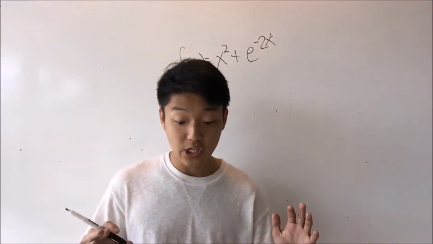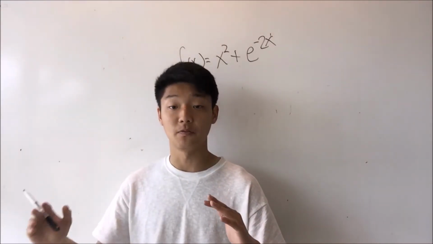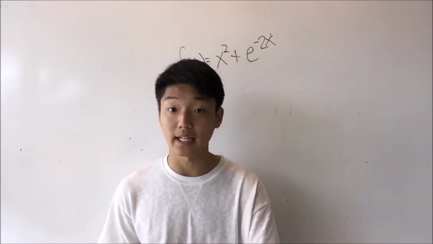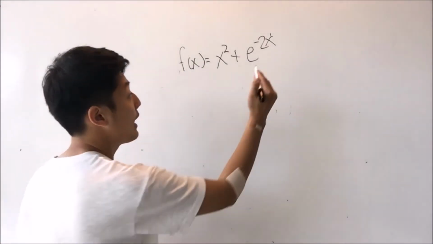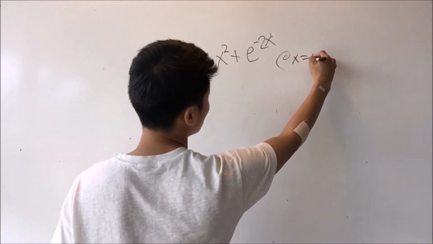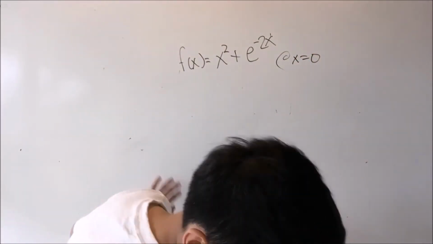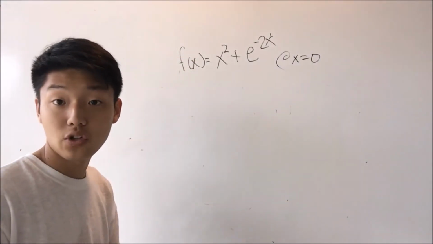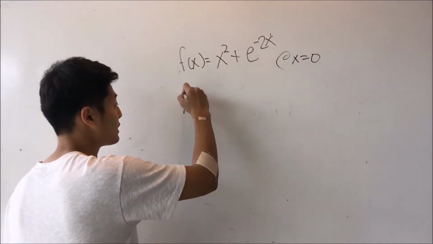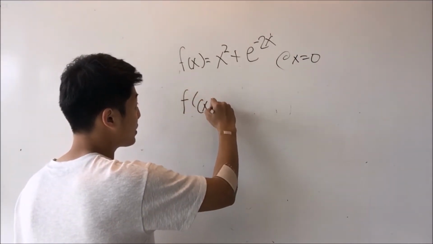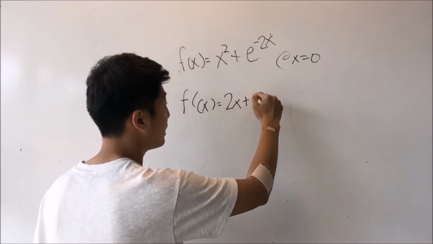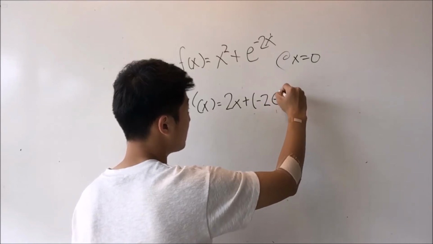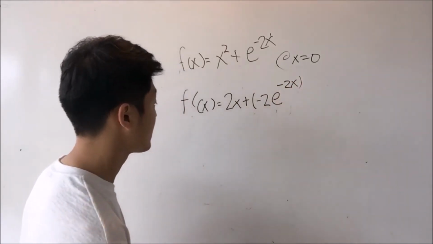If it is increasing, the f prime function will be positive. If it is decreasing, the f prime function will be negative. So let's go with it. It says at x equals 0. Because we have to solve for the f prime function to get the slope function, we differentiate: f prime of x equals 2x plus, coming down, minus 2 e to the minus 2x, because of the chain rule.